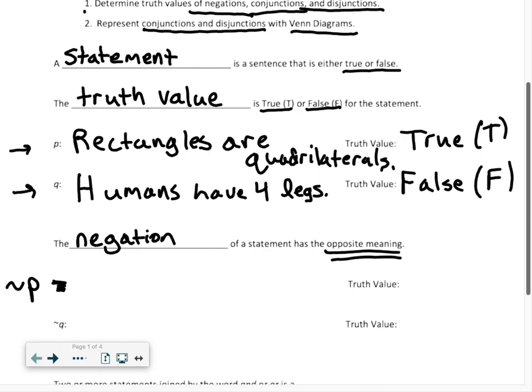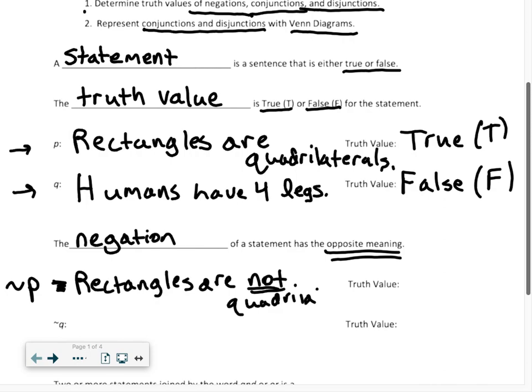If we use the same statement P, the opposite of that would be rectangles are not quadrilaterals.